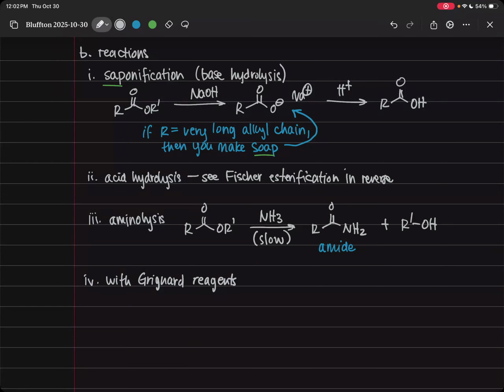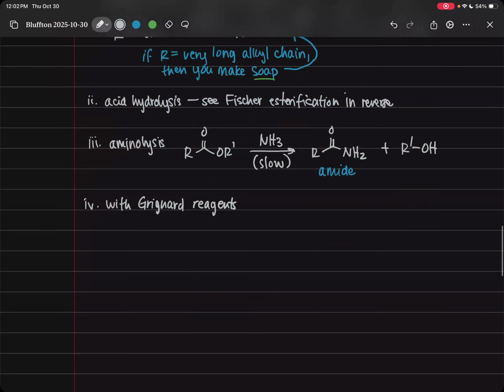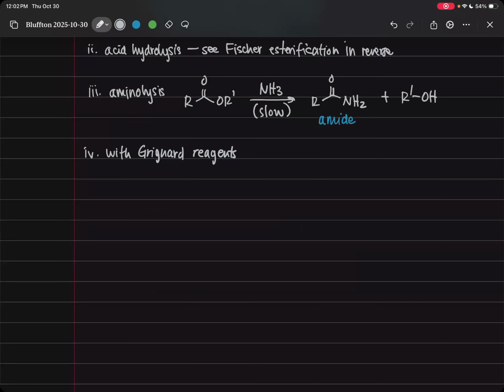And the last reaction we'll do with esters is the Grignard reaction again. But here we've got one potential issue that's kind of annoying, but can be useful. So this is going to look like all the Grignard reactions we've done before up to a point.